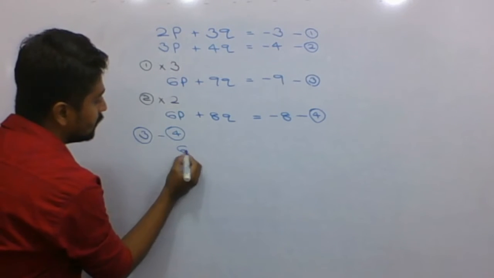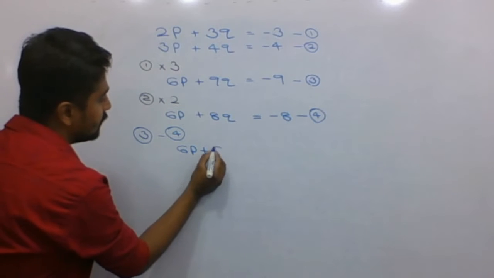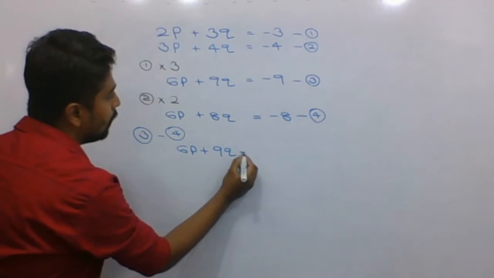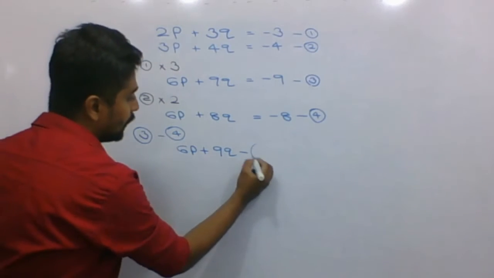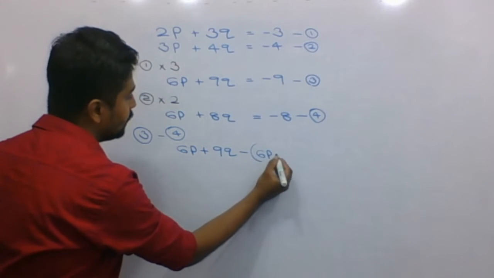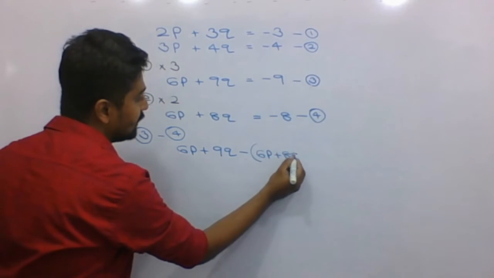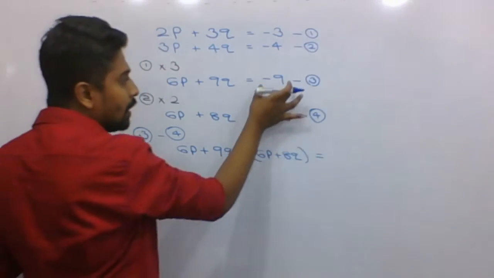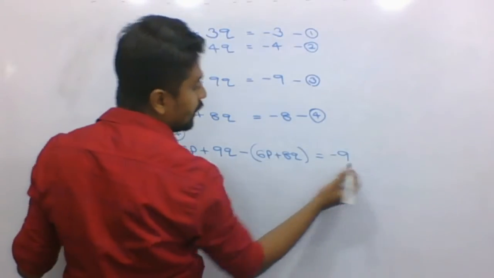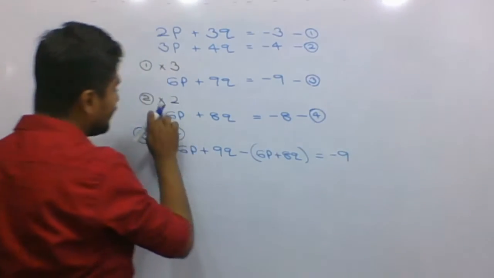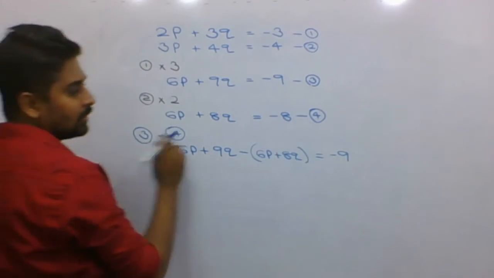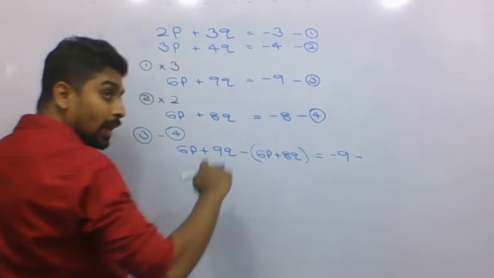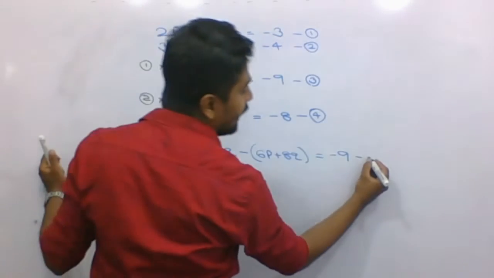This is what? 6p plus 9q minus what? Open the bracket. 6p plus 8q. So finally, this side what happened? Look at carefully. Minus 9. Do this subtraction. Then next what? Minus 8. And then again put minus 8.